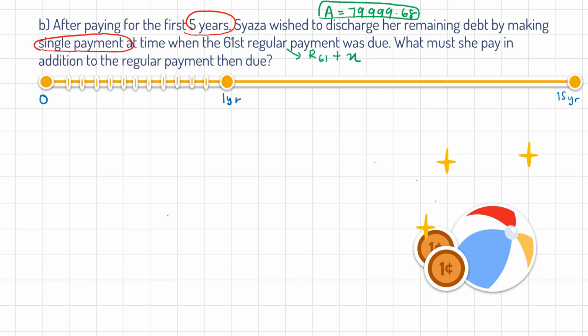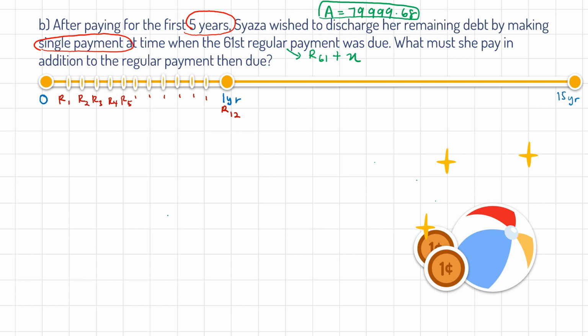That's why here we have 15 years. Then on the timeline, here is R1, which portrays the first monthly payment she did. And here is R2, which portrays the second monthly payment, R3, R4, R5, and so on until the first year, it will be R12, which portrays 12 monthly payments.